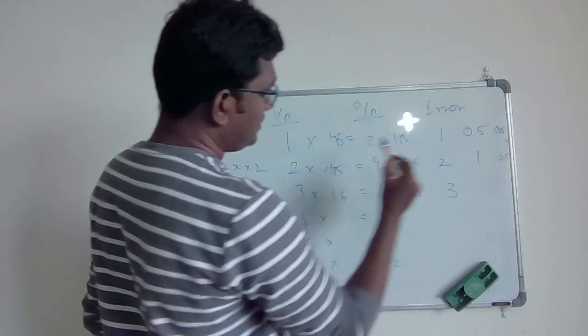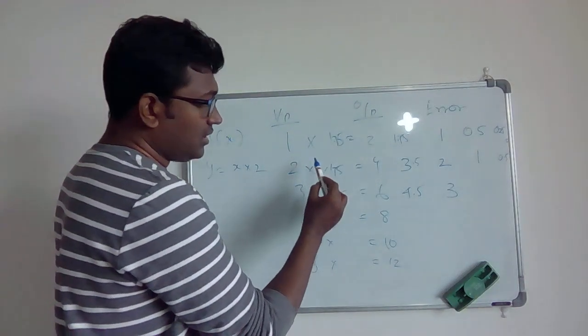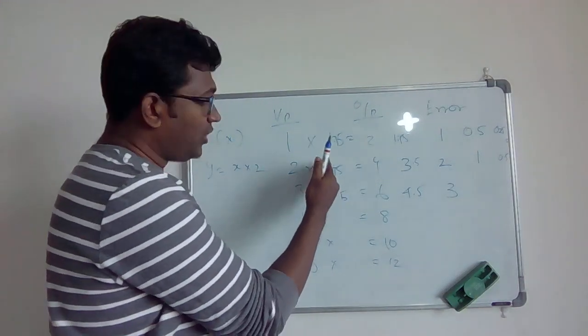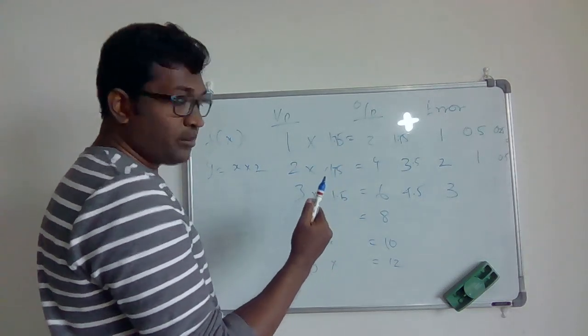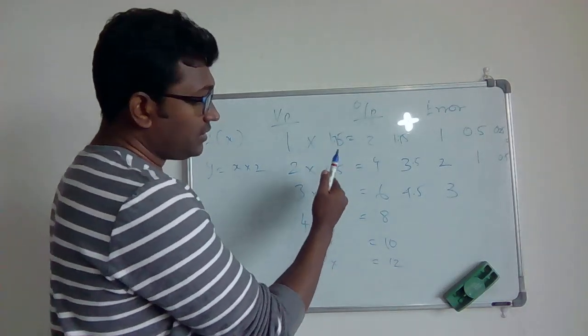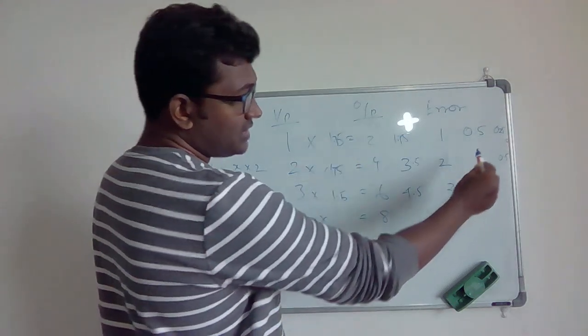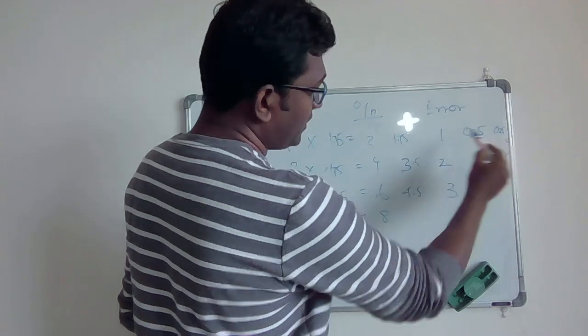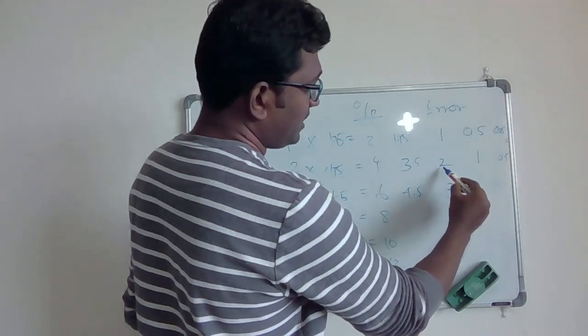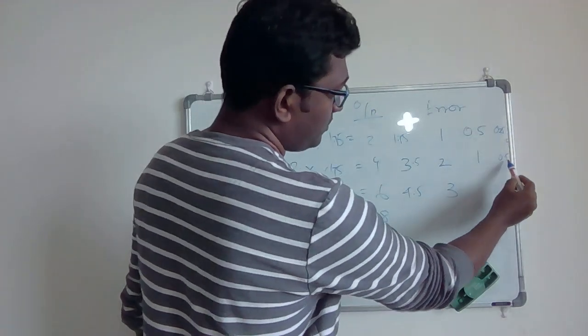So as we started with the initial guess of 1 and incrementally increase this number, there is a decrease in error from 1 to 0.5 to 0.25. Similarly, in the second example, we decrease the error from 2 to 1 to 0.5.